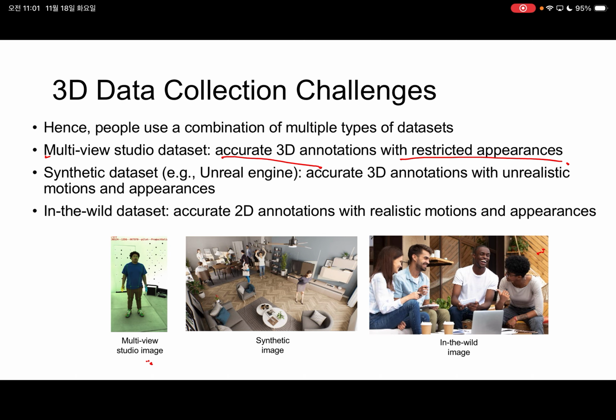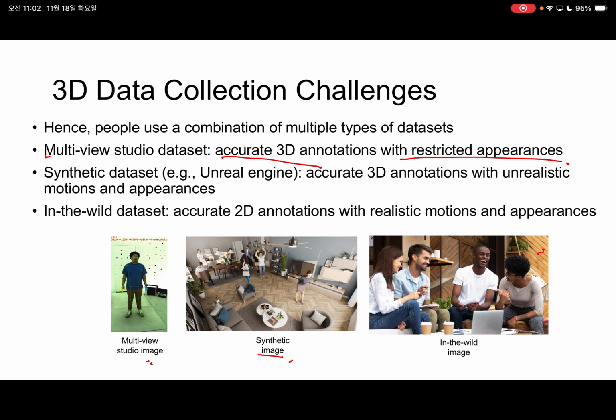Synthetic images are another type, like Unreal Engine. Unreal Engine is a kind of physics engine that we can use to develop video games. Synthetic means that in the physics engine, we can import an environment, a human, and light, and then render images from diverse viewpoints.